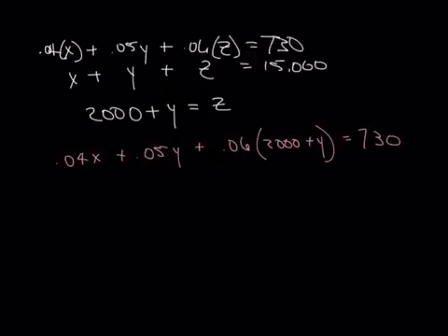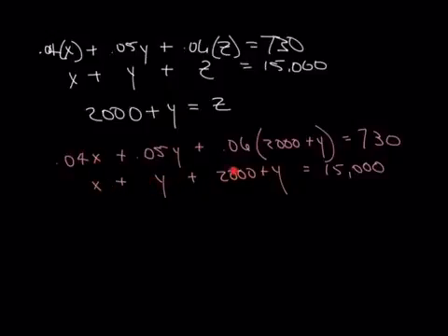My second equation looks like this. Notice all I did was take this and substitute it in for z, and it gave me two equations with two variables, an x and a y.